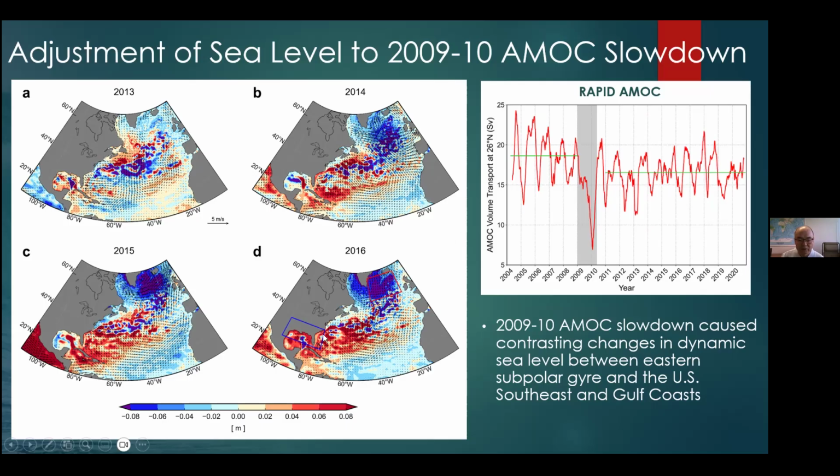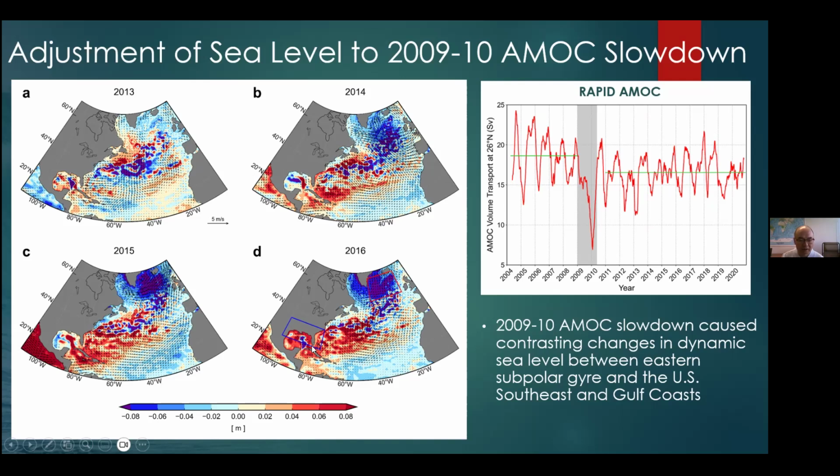That reduced northward heat transport caused ocean cooling in the eastern subpolar gyre region, and so the dynamic sea level falls through the steric effect. At the same time, the heat accumulation in the lower latitudes raises the dynamic sea level in the subtropical gyre region, as well as in the Gulf region.